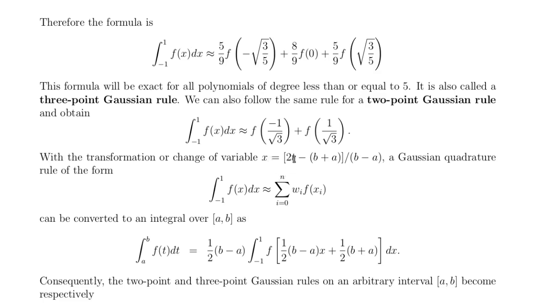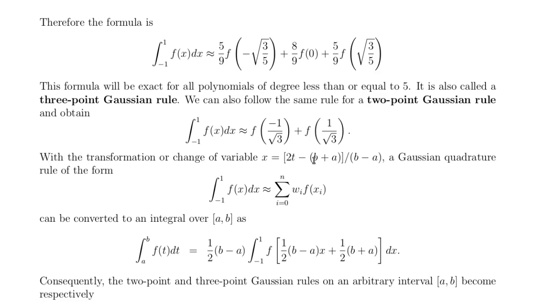x equal to 2t minus (b plus a), in square brackets, and we divide by b minus a. So if you use this change of variable, t in our case will vary from a to b. So if you substitute t equal to a here, you have 2a minus a, which is a.